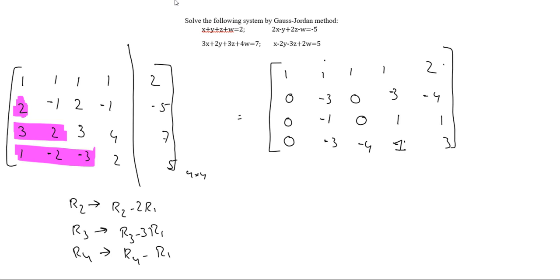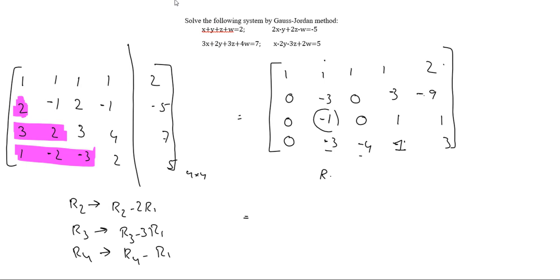Now for this equation, we have to make these two terms 0. Sorry, this will be 6, and 5 minus 4 is 9, sorry, minus 9. Here it will be minus 9.